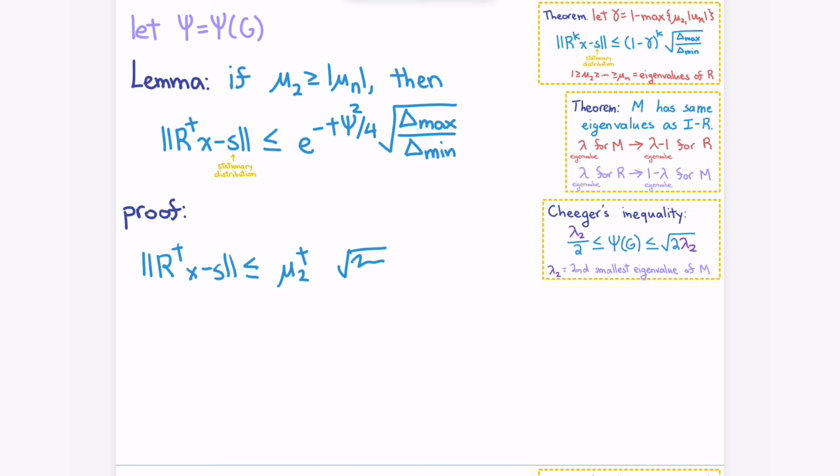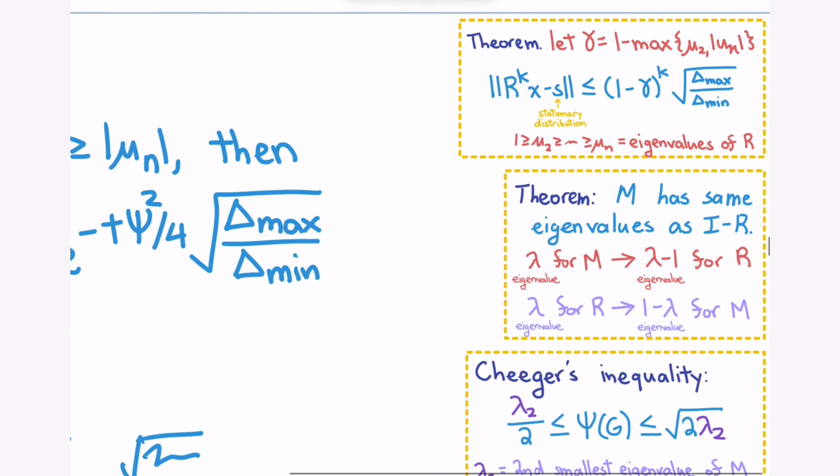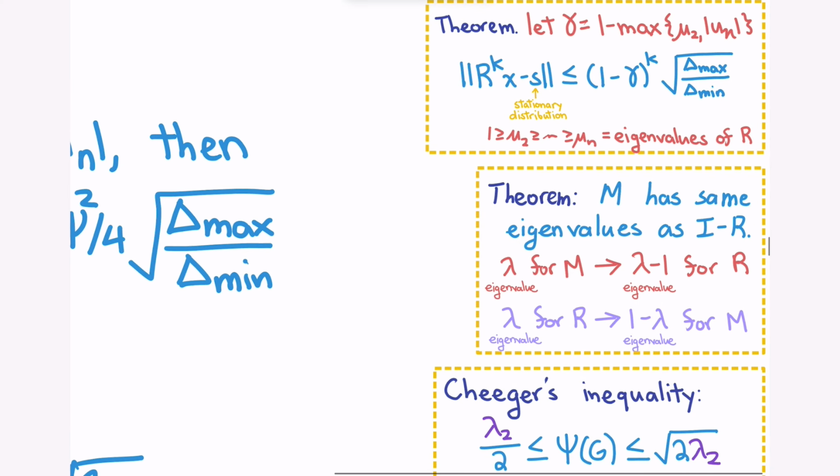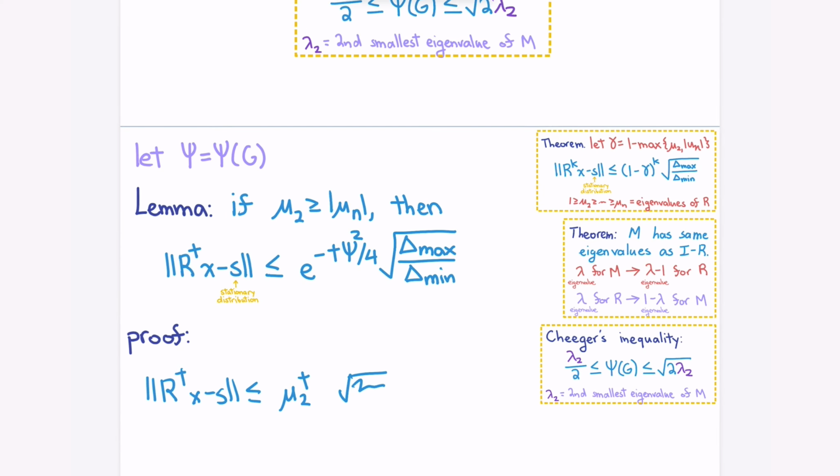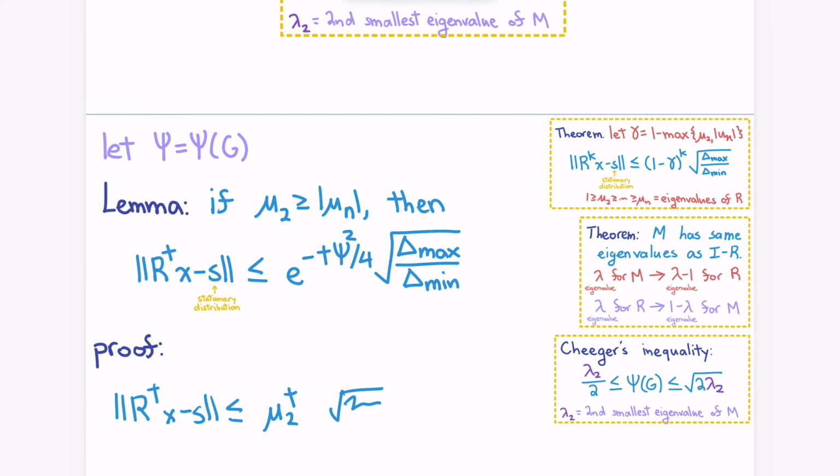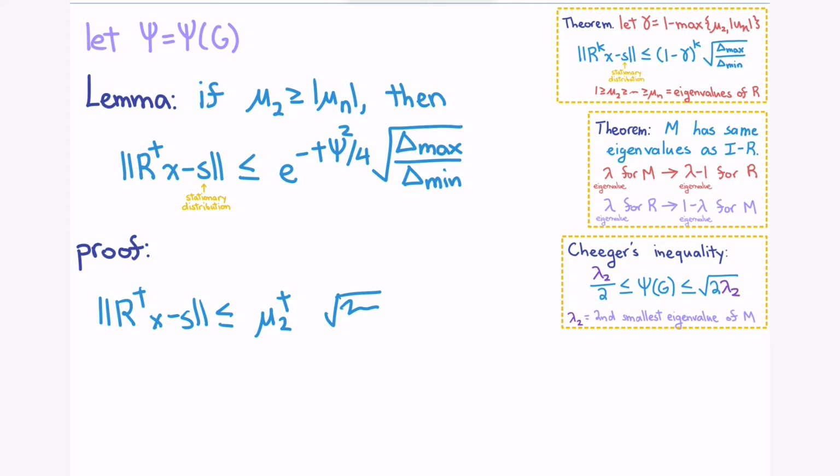So let me zoom in on the top right corner. Yeah, okay, so lambda for R, or mu2, maps to 1 minus lambda 2. 1 minus lambda 2 to the k square root of stuff.